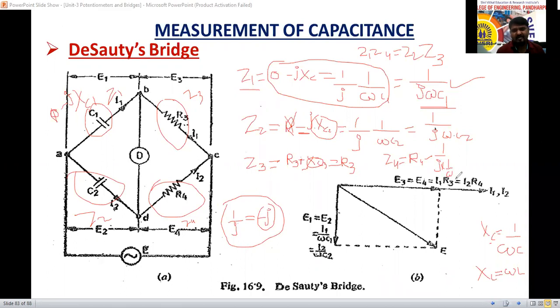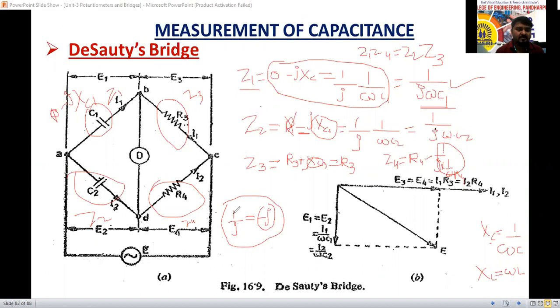How are you writing this formula? Is there any capacitor term here? No, sir. Then why are you taking this minus j omega term and all the things? If there is an inductor or capacitor term, then only the X term will come. Otherwise, it will be 0 directly.